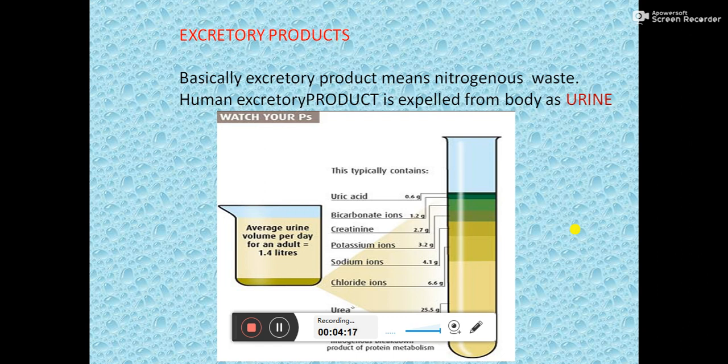If we have a look at the typical content of urine, we can find uric acid, bicarbonate ions, creatinine, potassium, sodium, chloride ions, all present in urine. Mainly the urine is slightly acidic. Excessive intake of protein increases the acidity of urine, and fruits and vegetables generally make urine alkaline.